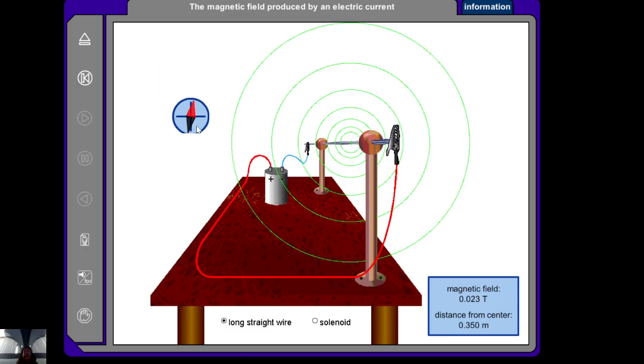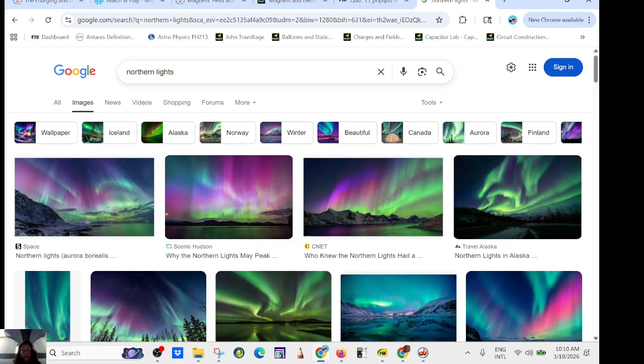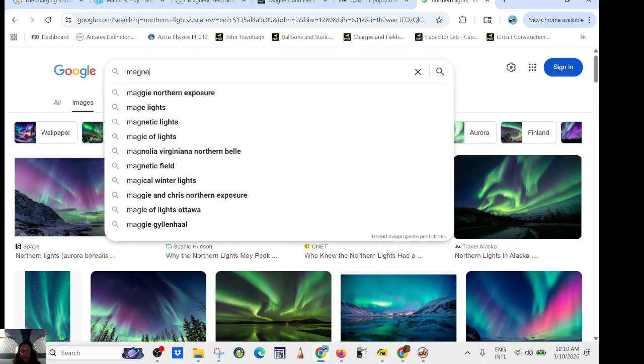You see that the magnetic field of a wire is going to circle around. Very close to the wire, the magnetic field is the strongest because the lines are packed together, and then it gets weaker. I'm just showing you, but it's in 3D.